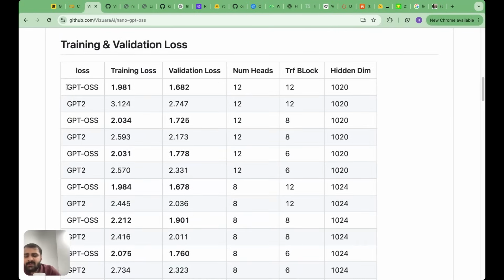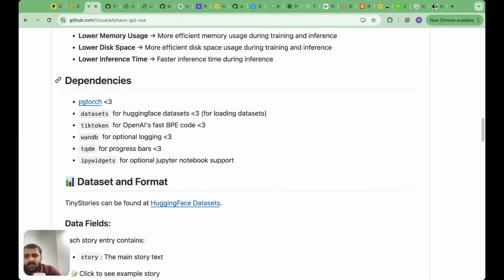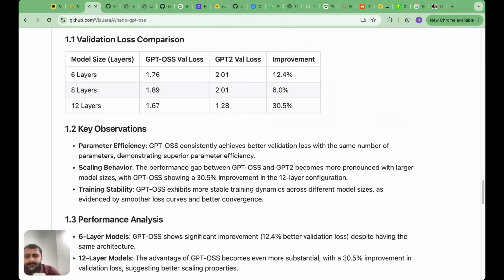Here you can see we compared GPT-OSS and GPT-2, and for all the different configurations which we compared, the GPT-OSS loss, both training as well as validation, was considerably lower compared to GPT-2. In fact, if we had 6 transformer blocks, we have around 13% improvement over GPT-2.